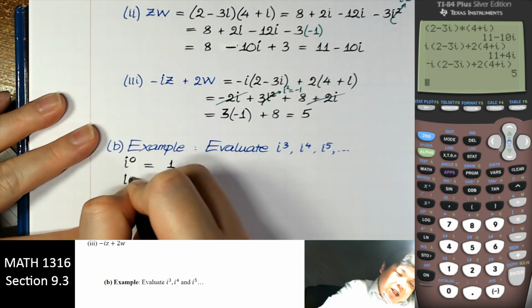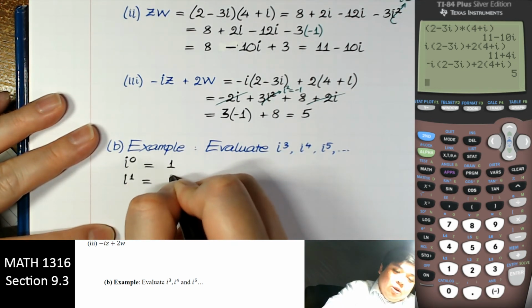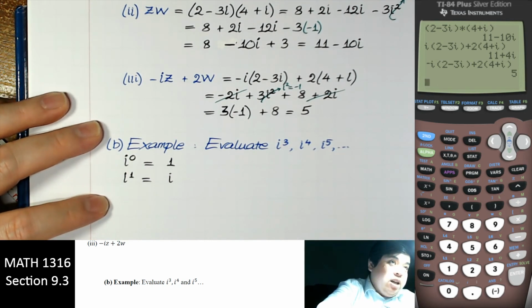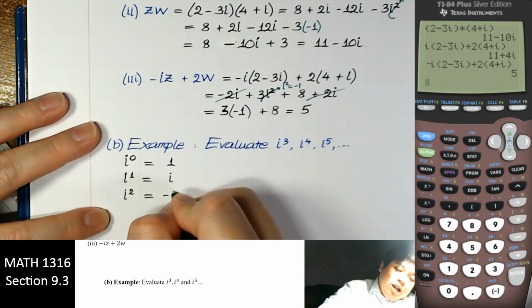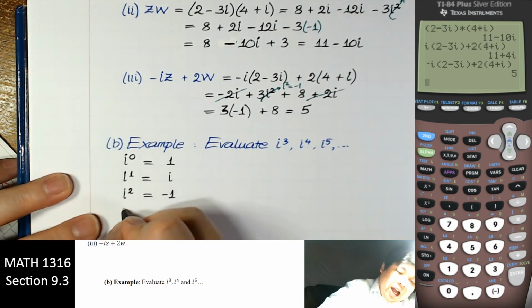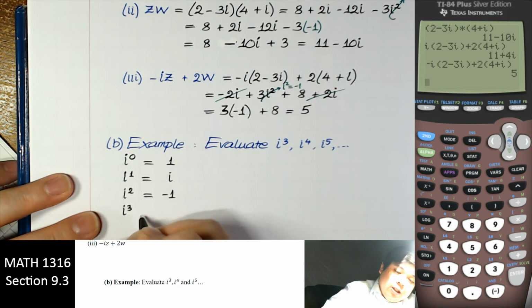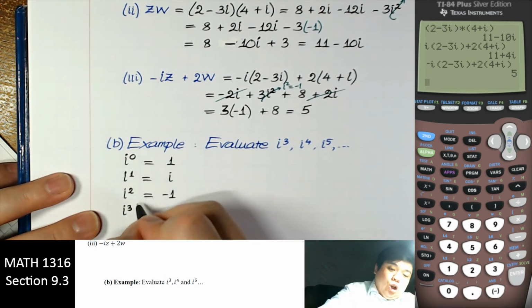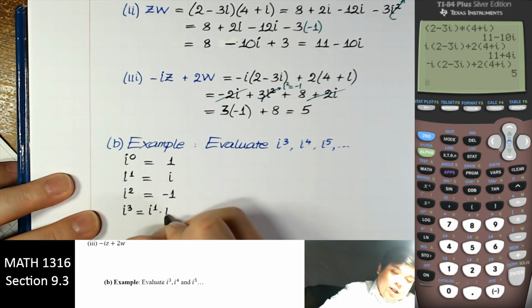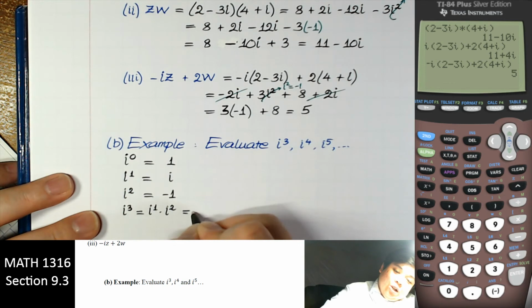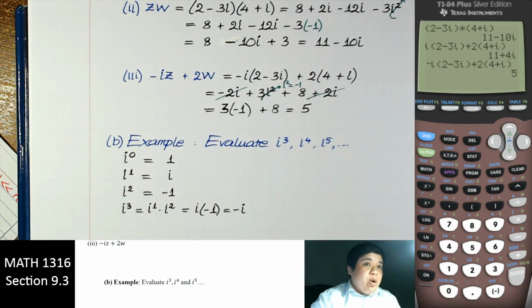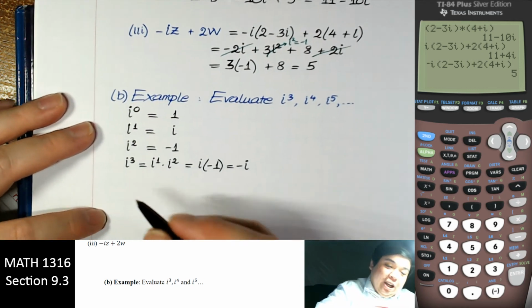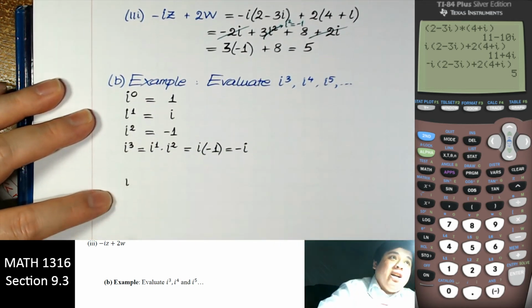Now i to the first power, by default, anything raised to the first power is itself. i squared, by definition, is -1. i cubed: i to the first power times i squared, which is i times -1, so this is -i.